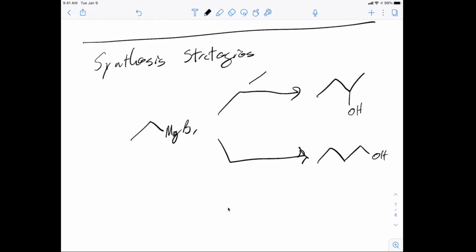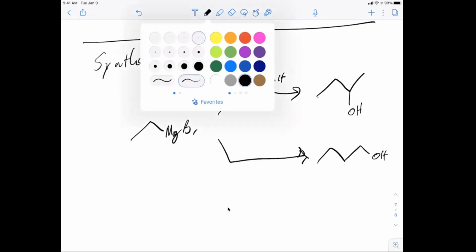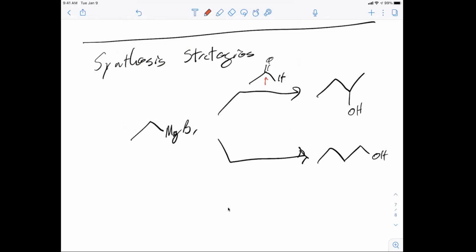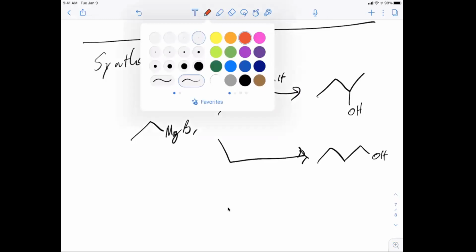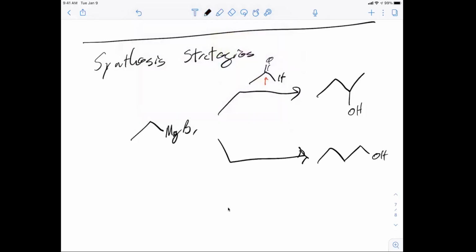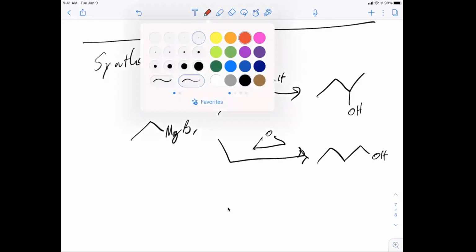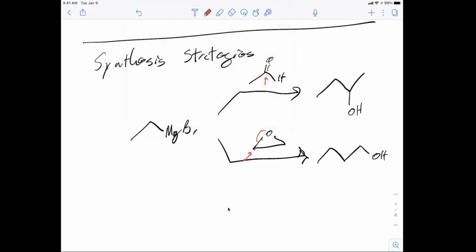The difference is using the aldehyde, which means we get a reaction at that one position, and the reaction with the epoxide, where we can add to this position, but then the oxygen is going to break.